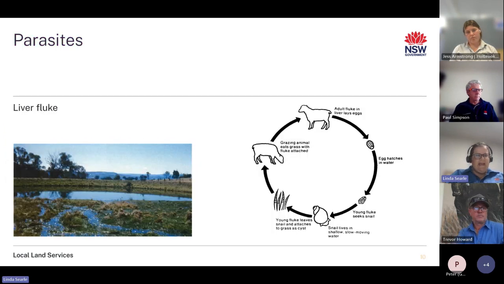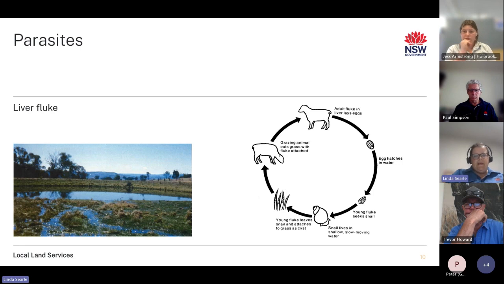But that really risky area that you think of for liver fluke is that sort of swampy, boggy area, whether that's an area that just doesn't dry out very well on your property, or whether you've got a leaking trough or something like that. You often hear people talk about fluky areas. Well, the reason that you associate that sort of boggy area with liver fluke is because of the life cycle of the fluke itself.